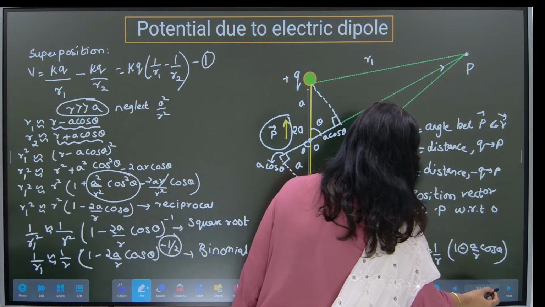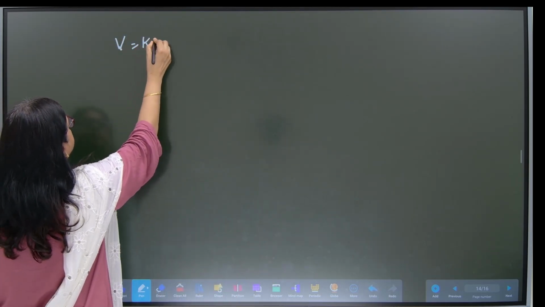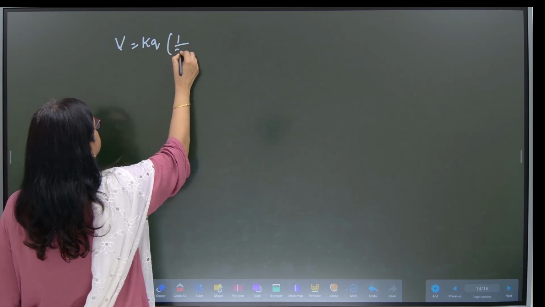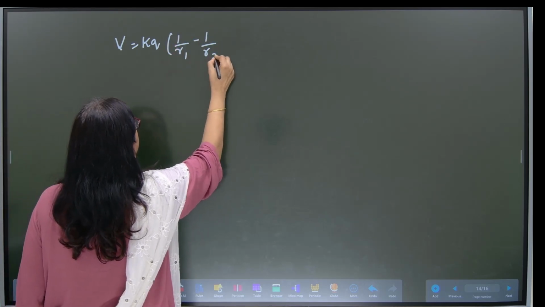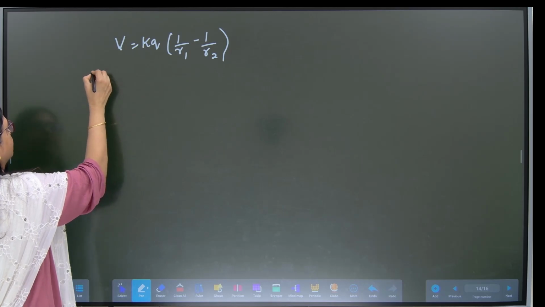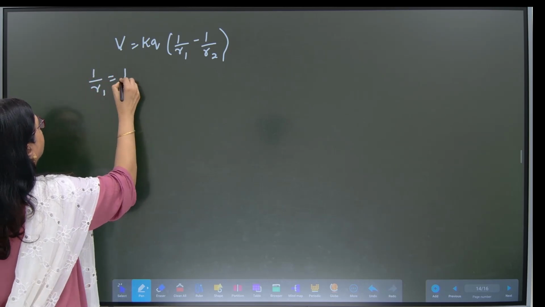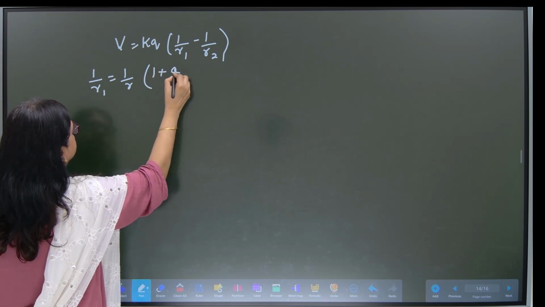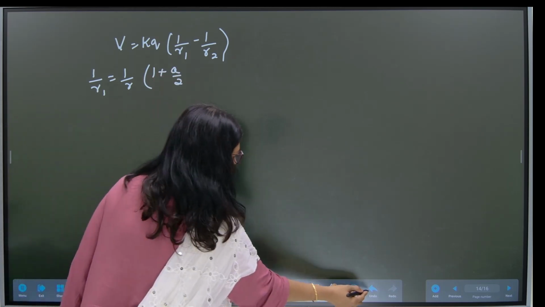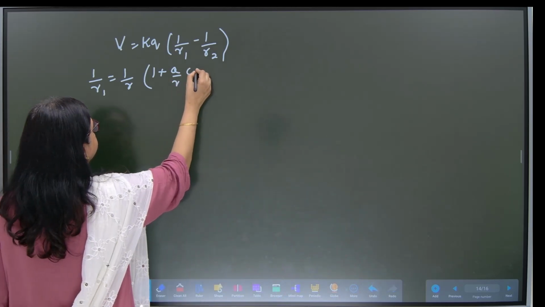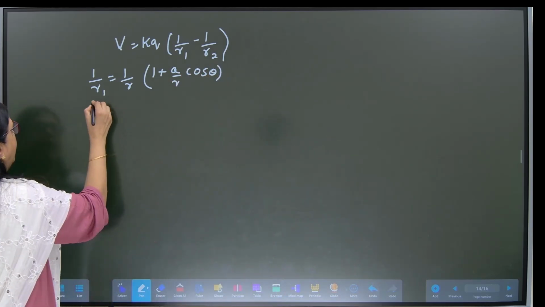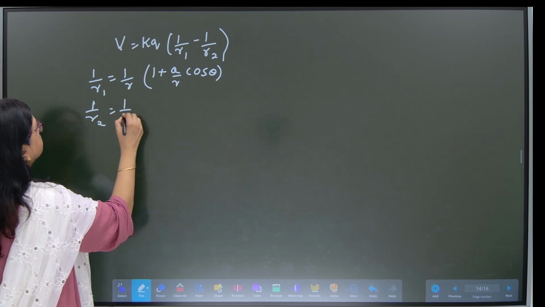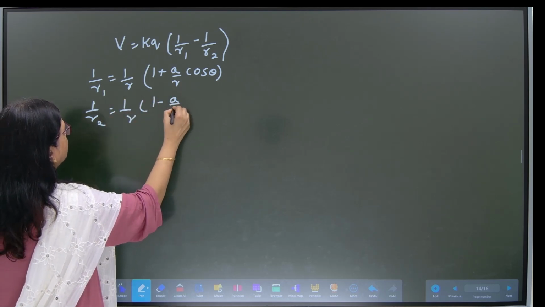Now going to the next page, I rewrite what we want to do. I will write again what we got for 1 upon R1 also, and 1 upon R2 also, 1 minus a upon R cos theta.